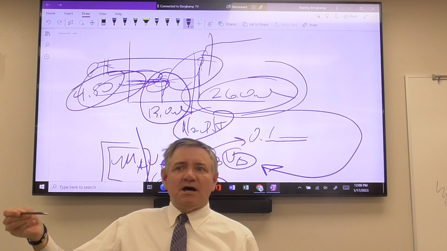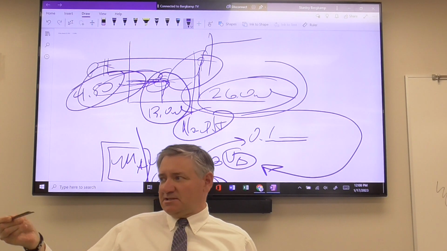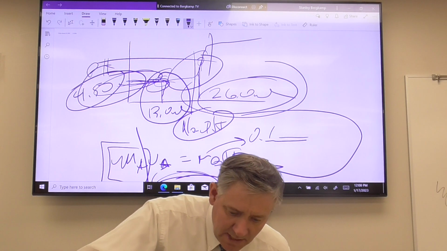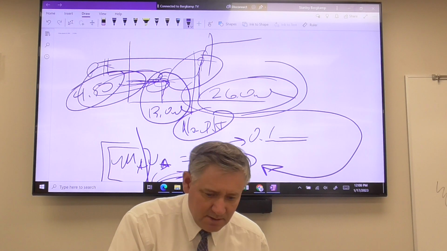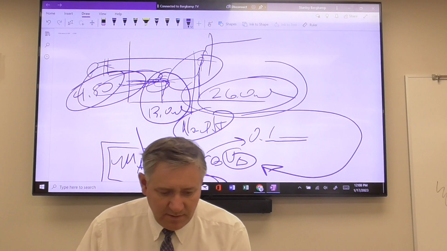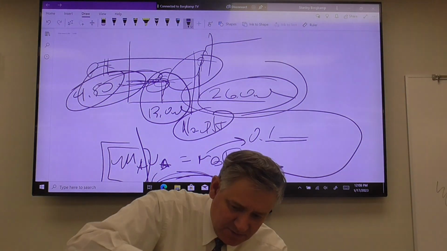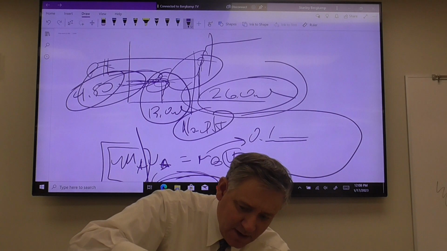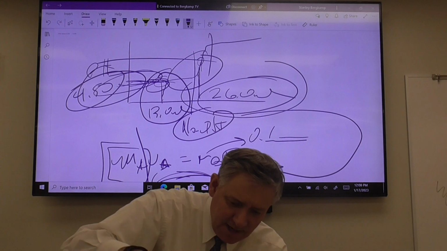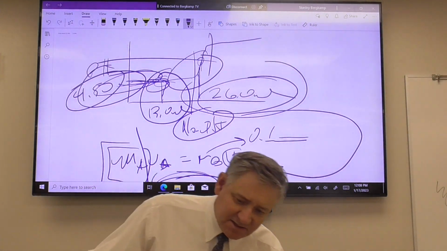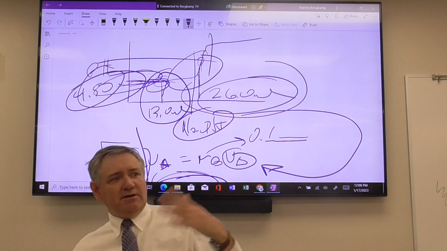This is so highly imprecise, but you're going to get the idea. I'm going to add some salt to this solution, and I'm going to do something that you don't want to do, and use the pH probe as a stirrer. And the pH basically stays the exact same.